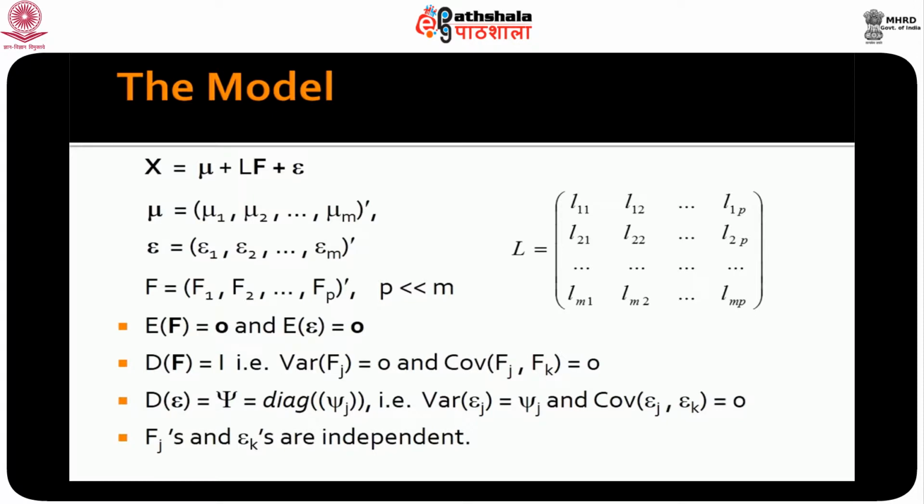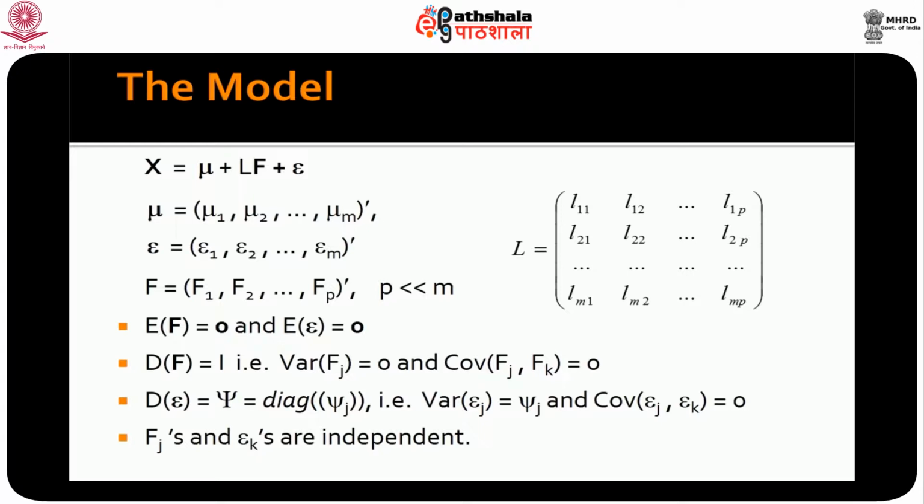We had x is equal to mu plus L into f plus epsilon, where x was the m by 1 dimensional observation vector. These are the original variables that we have. Mu is the mean of the process, again an m by 1 dimensional vector. L is the m by p dimensional loading matrix, and f is a p by 1 dimensional vector of factors.